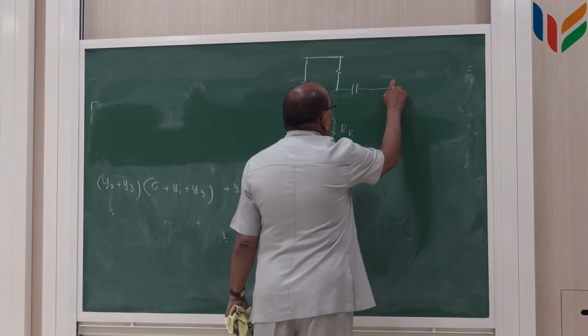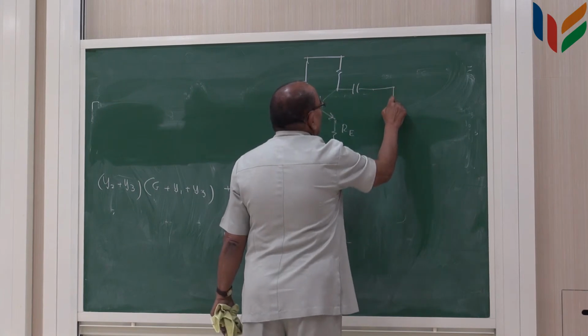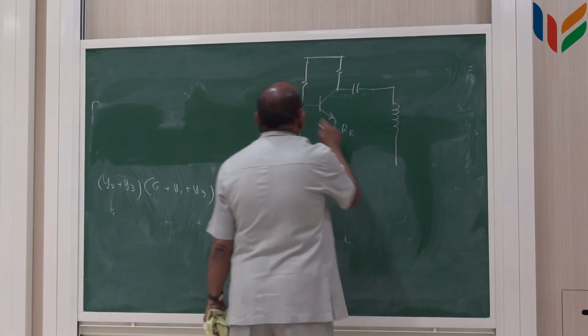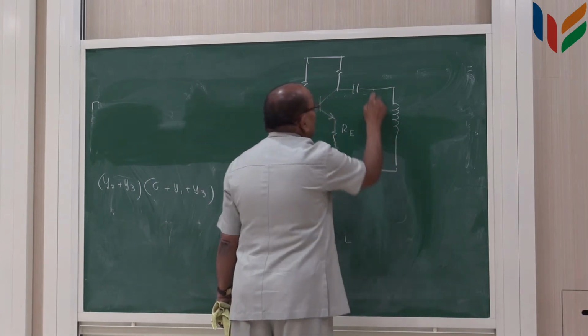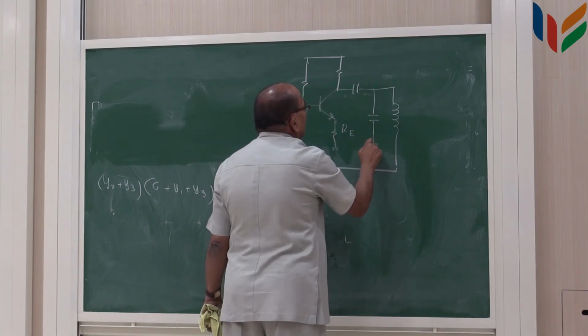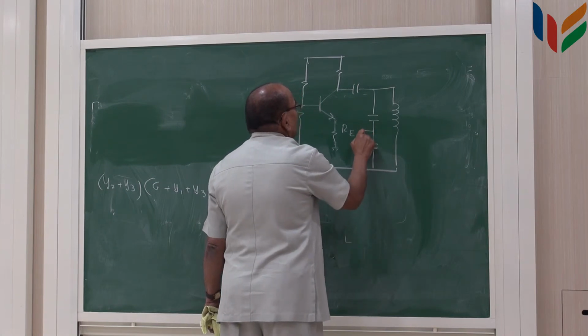So, from here you connect an inductor and two capacitors and ground the middle of the capacitors.